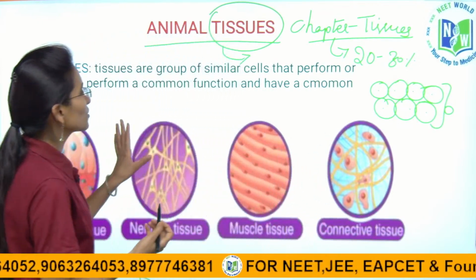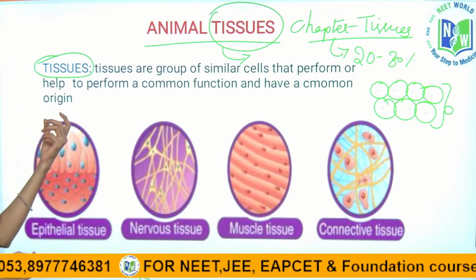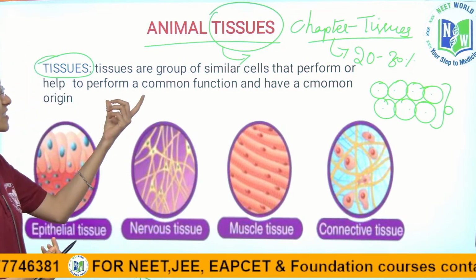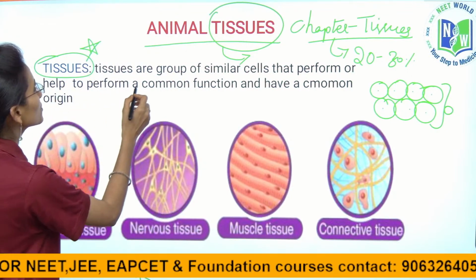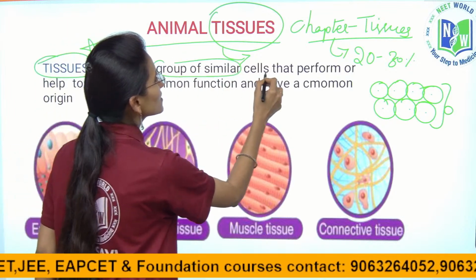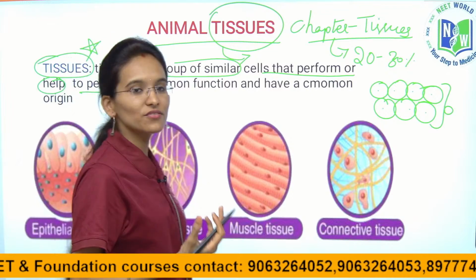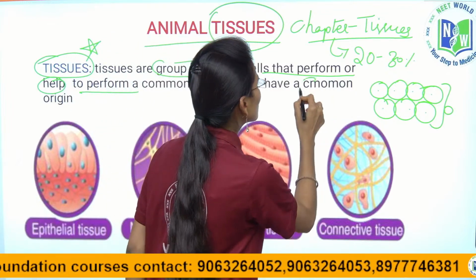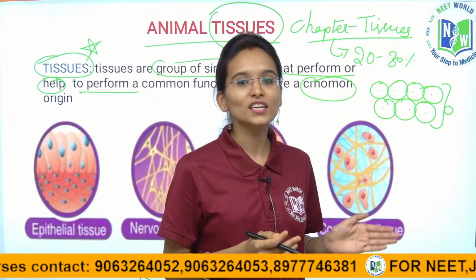Now we will quickly look into the NCERT definition. This is very important. Tissues are a group of similar cells that help to perform a common function, and all these cells, which are similar in structure and function, have a common origin.